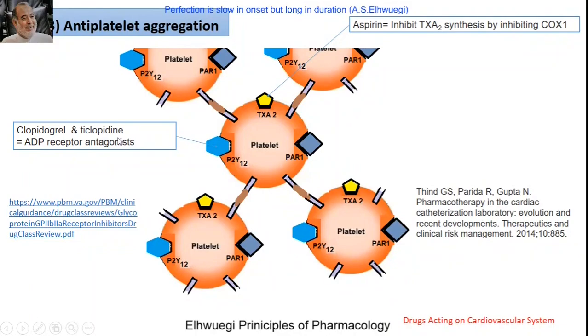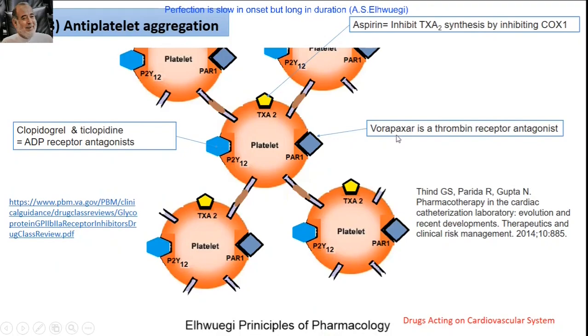They block the adenosine diphosphate receptor. Vorapaxar blocks the thrombin receptor. Therefore, they are antagonists at the thrombin receptors.